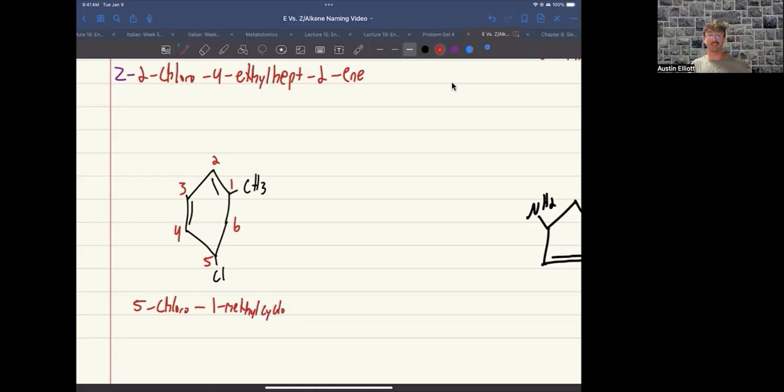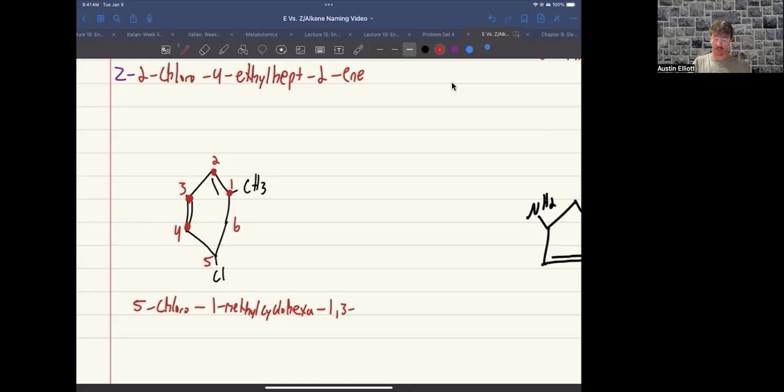I want to make sure you don't have any spaces in between your names, so they should all be one big one. That's something we saw in the test. Let's try to eliminate that if possible. And then in this case, we're going to have hexa. So I was mentioning earlier, when we have two alkenes in a molecule, it becomes diene. So it's going to keep the A. It's going to be hexa-1, since we start here and that one is the first, and then our next one is the three and the four, and the three is the lower number.